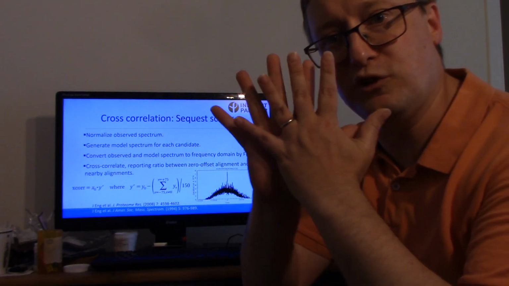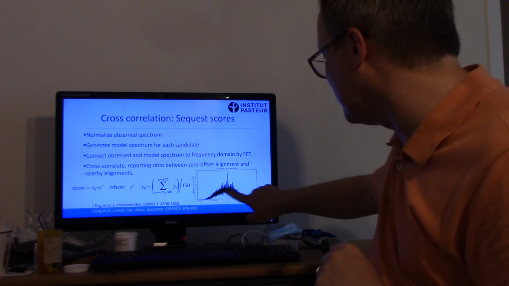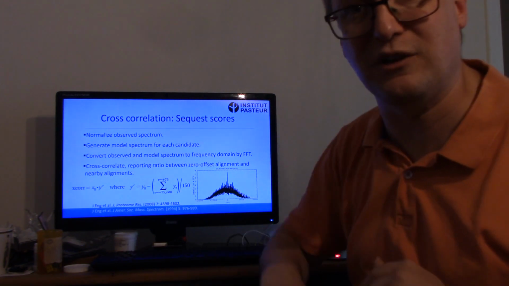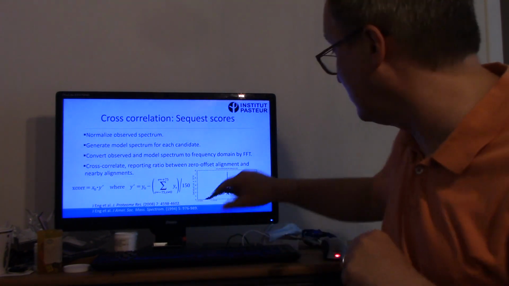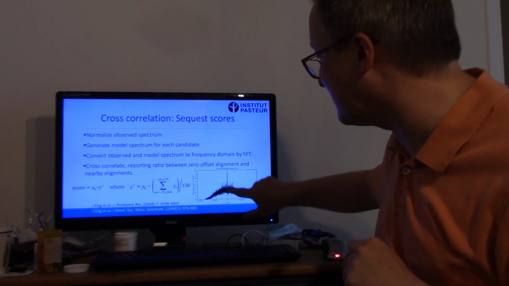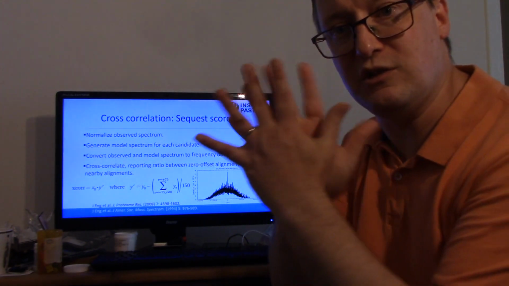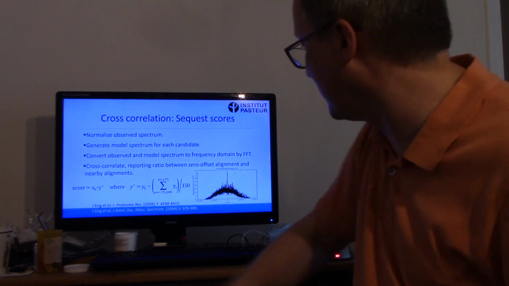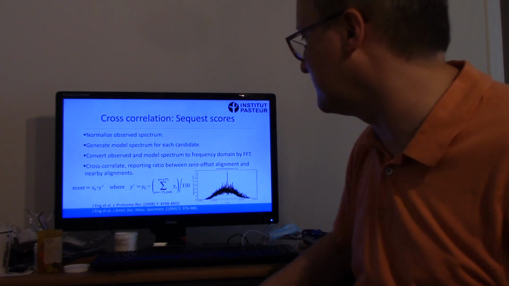And as you move to greater and greater shifts away from each other, you get this kind of hairball above it. So the cross-correlation score that we report in Sequest reflects how tall this big spike is versus this random matching as we move these two sequences with respect to each other. You want this spike to stand out way high against everything else.